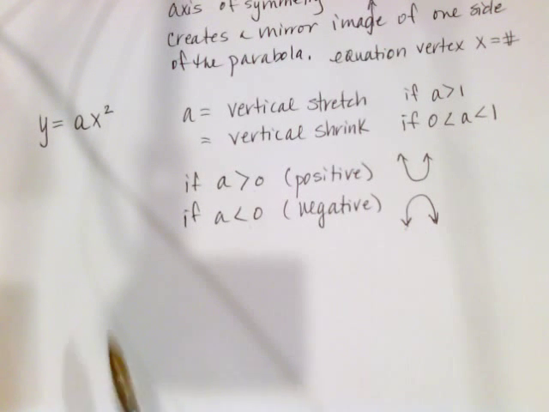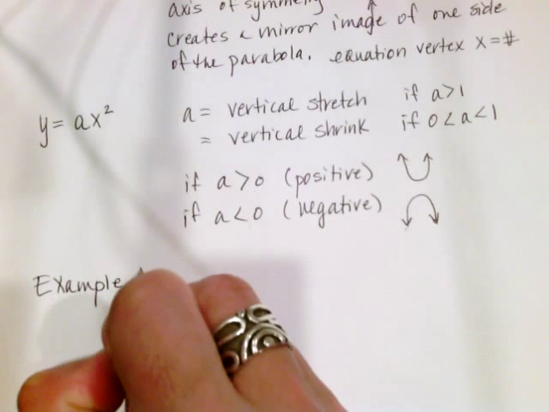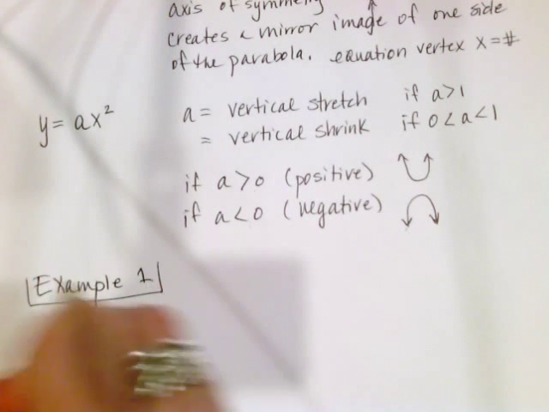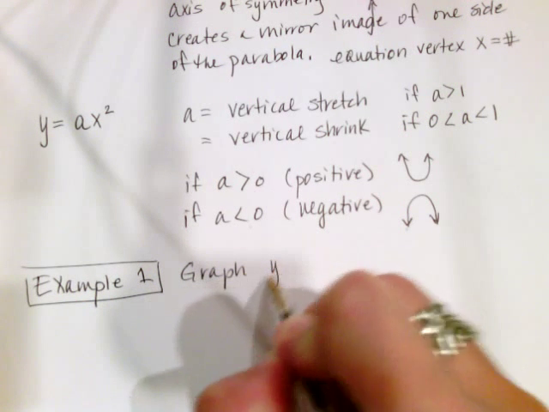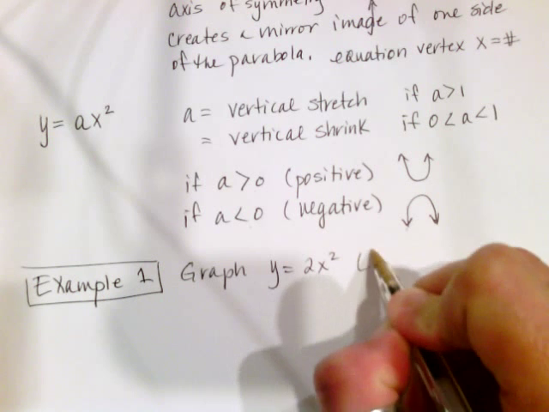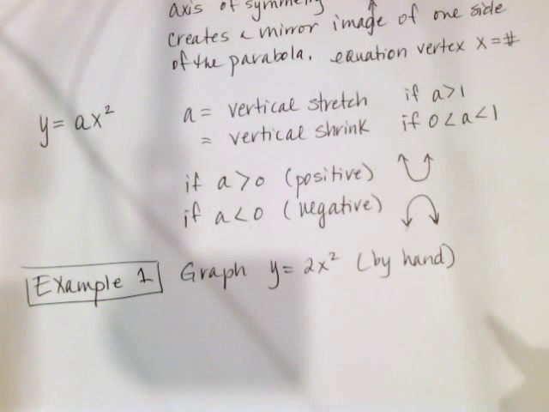So let's do an example by hand. So this is example 1. I want you to graph y is equal to 2x squared. We're going to do it by hand. I'm not going to show you how to do this in your calculators yet.